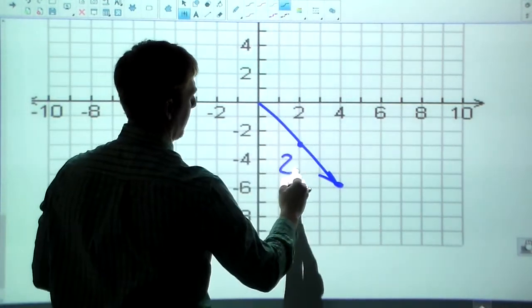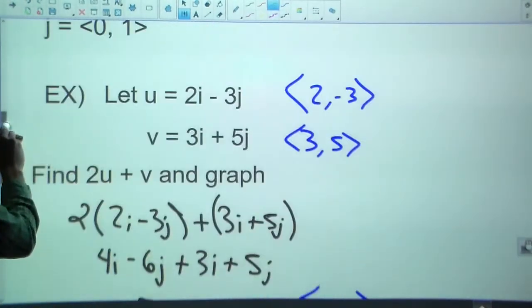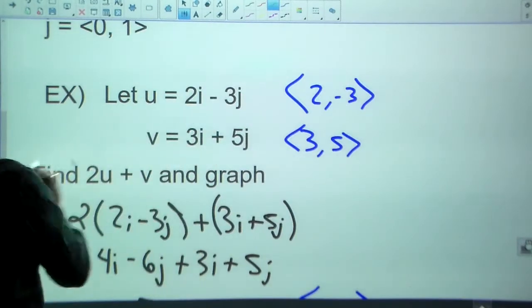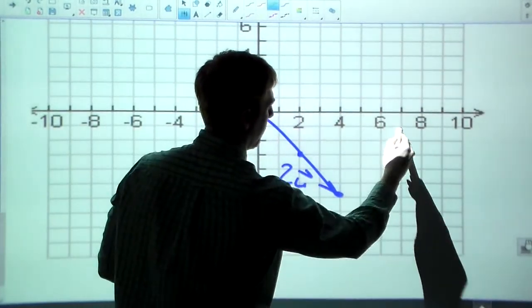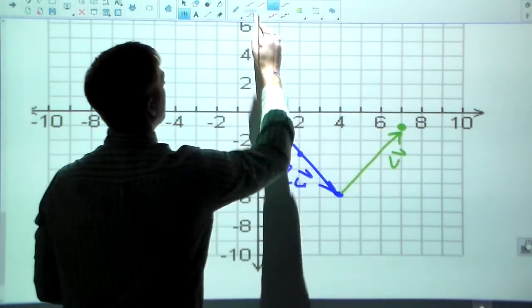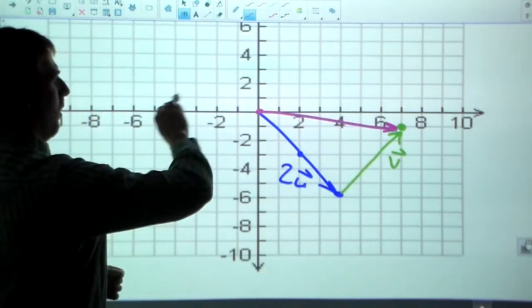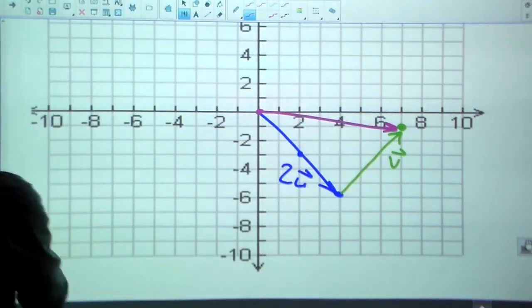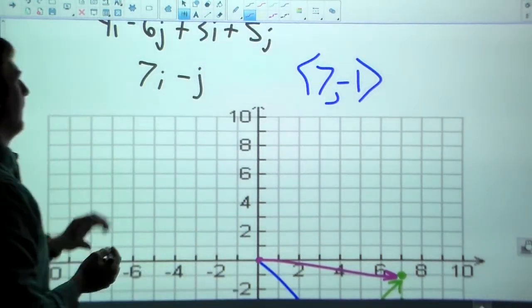And I should probably label that, that's 2u. Now v was over 3 up 5. So from that point, over 3 up 5 puts me here. There's v. So the result, if you started here, you end up right there. You went over 7, you went down 1. And that's the result we also got, however you want to think about it, doing the algebra.